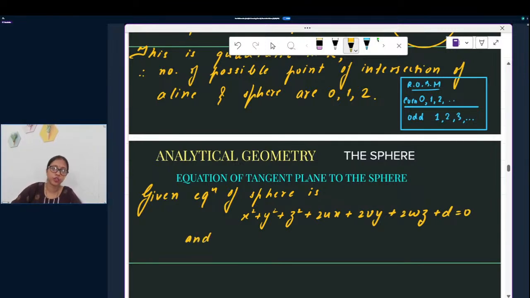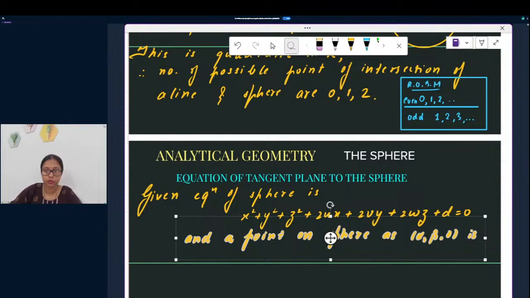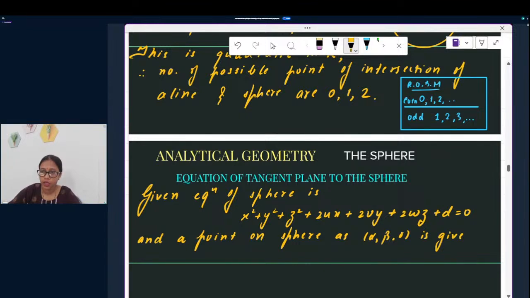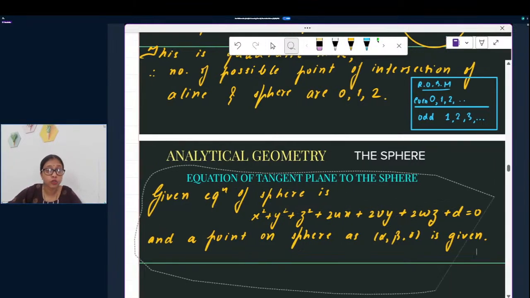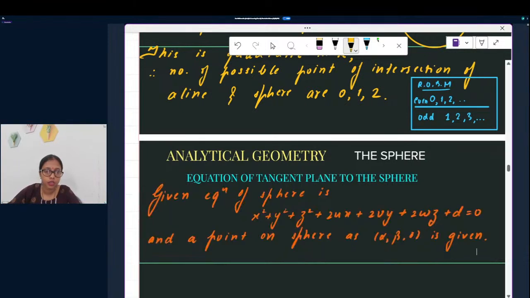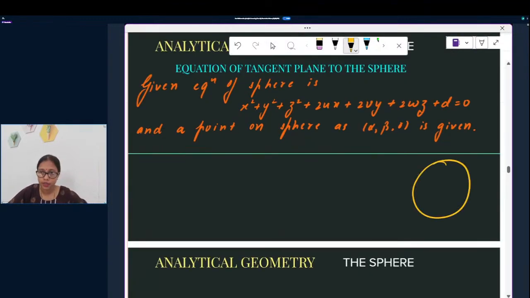And a point on the sphere, alpha, beta, gamma, is given. And now we are trying to find the equation of a tangent through that point. This is the point of contact.